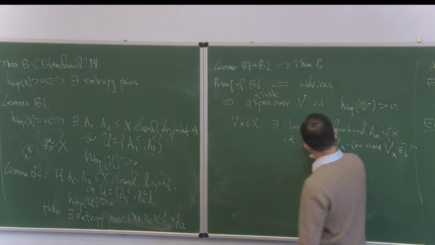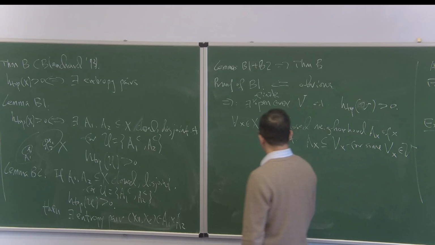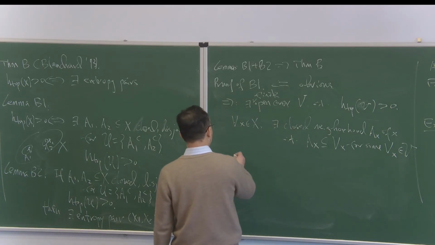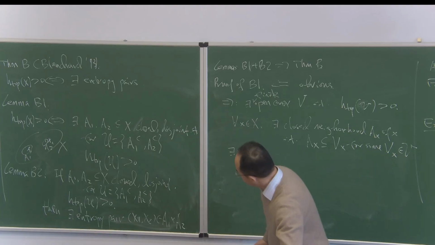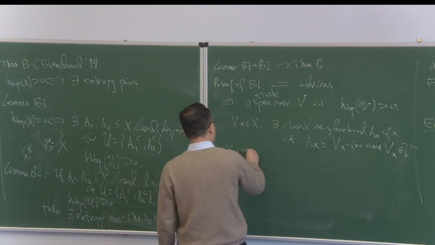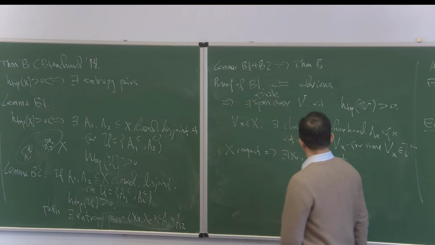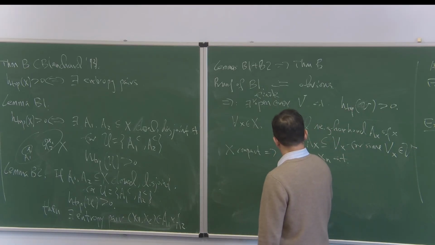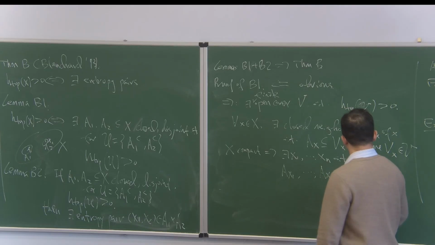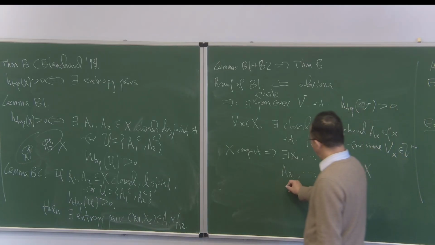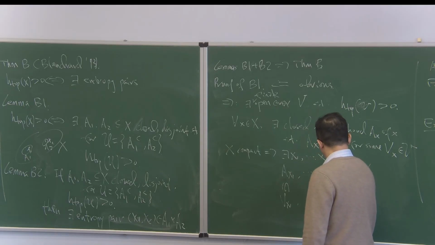Now, these neighborhoods together will cover the whole space. But X is compact, so we can use a finite number of them to cover the whole thing. Use X compact, such that Ax1 until AxN already cover the whole X. But Ax1 is contained in some Vx1, and AxN is contained in some VxN.